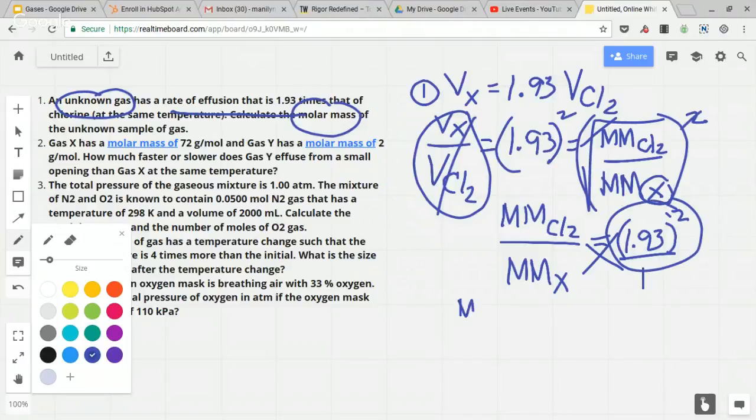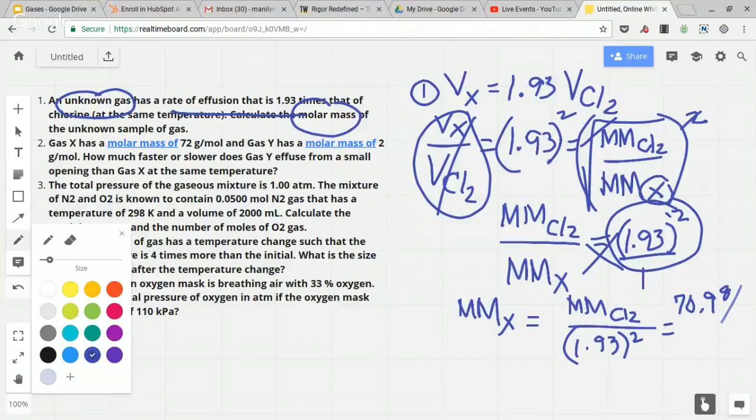So MM of X is equal to MM of Cl2 over 1.93 squared. Correct? We can go to the periodic table, and the molar mass of Cl2 is 70.9 grams per mole over the square of 1.93.